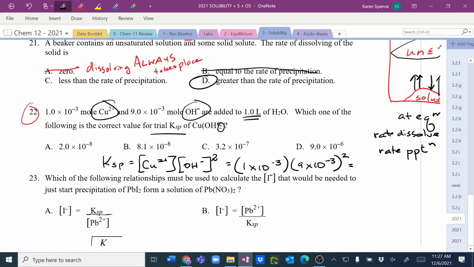I put 9 times 10 to the minus 3 moles in it. There's no way I can magically get 1.8 times 10 to the negative 2 moles. Yes? Because we're putting them in separately from one another. Yeah? So that would be 1 times 10 to the negative 3 times 9 times 10 to the negative 3 squared, which is 8.1 times 10 to the negative 8.